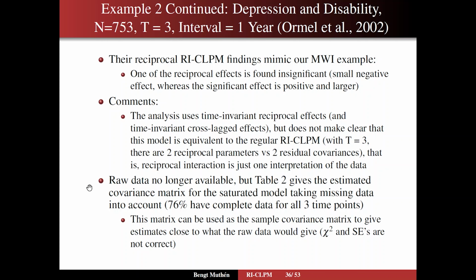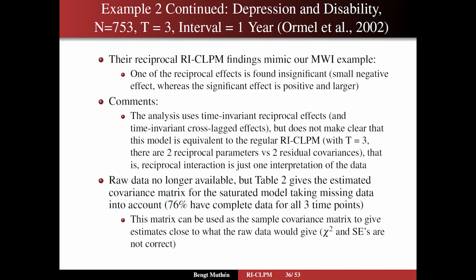I was interested in this data set, and I tried to get the raw data, but it turns out that's no longer available 20 years later. But in table 2 of the article, you get the estimated covariance matrix for the saturated H1 model, where you take missing data into account. This is by maximum likelihood, or what's called FIML.